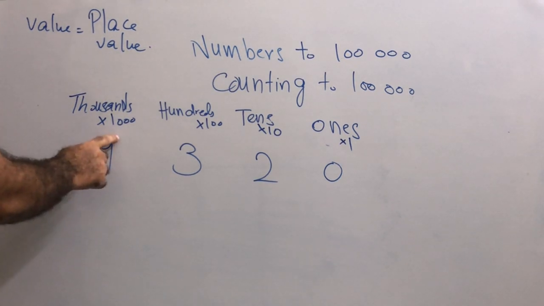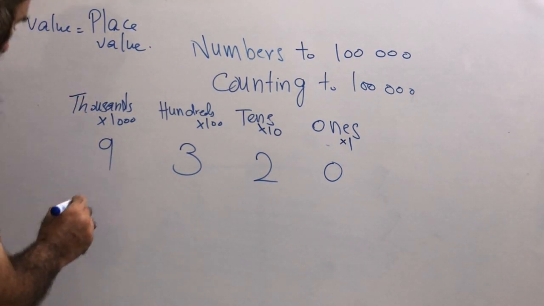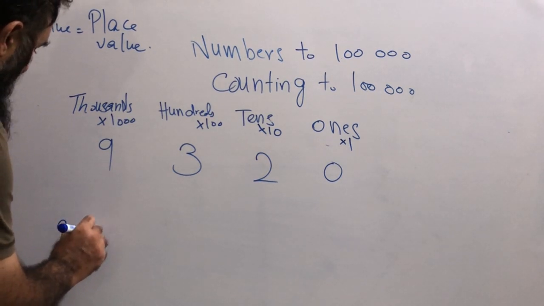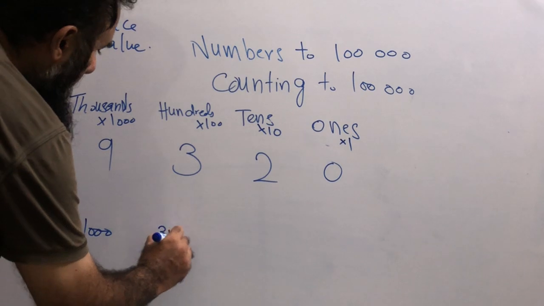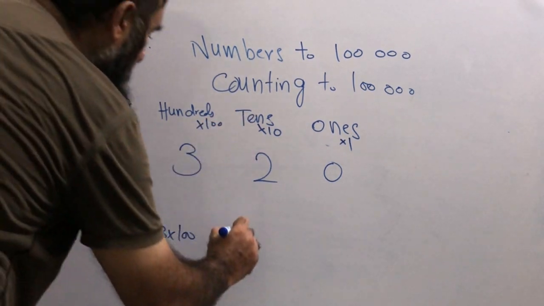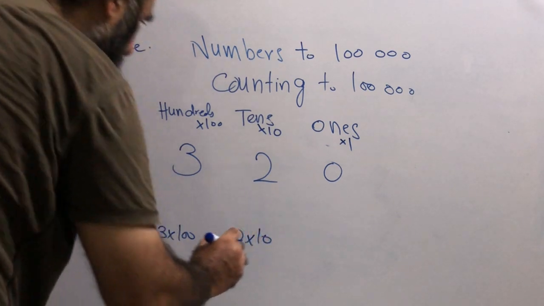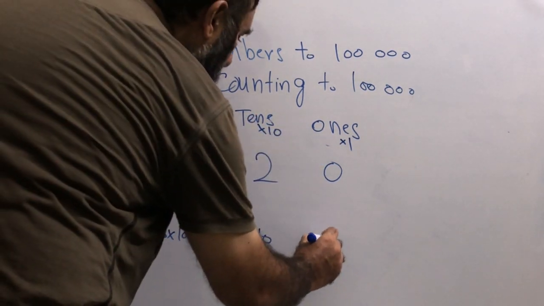Okay, if I need to find the value of 9, I know it is coming under 1000. Straight away I'll multiply it with 1000. 3 is coming under hundreds. Simply straight away I'll multiply 3 with the 100. 2 is coming under 10. I'll multiply it with 10. And 0 is coming under ones, so I'll multiply it with 1.